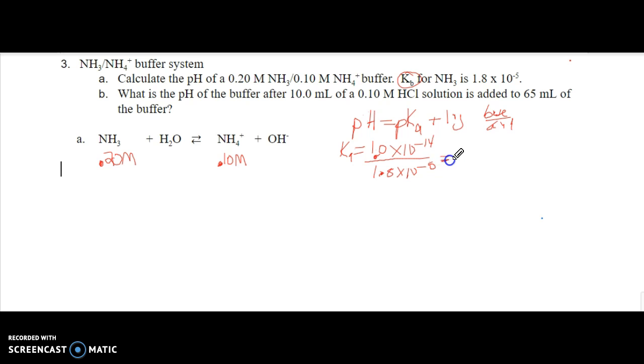And that's going to give me 5.6 times 10 to the negative 10th. And if I take the negative log of that, that's going to give me a pKa value of 9.26.